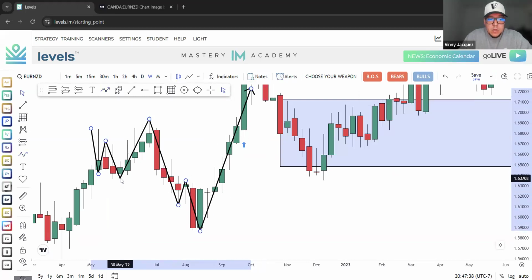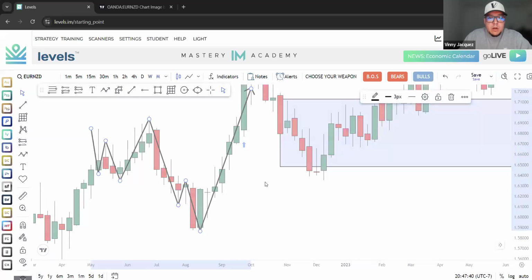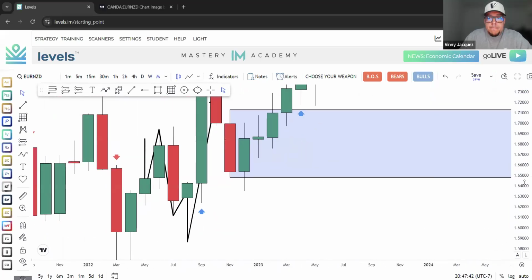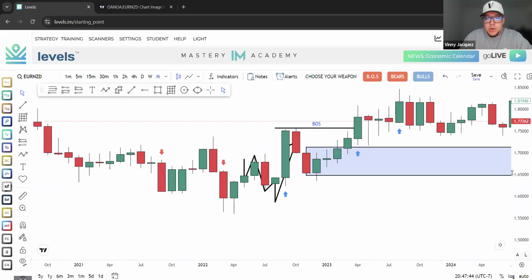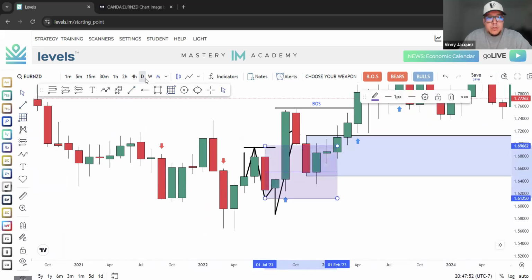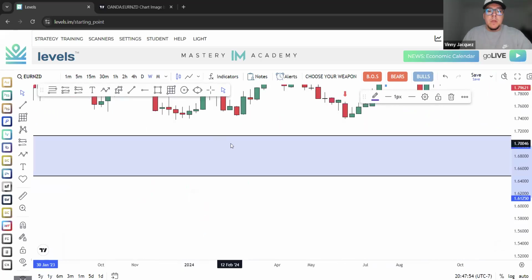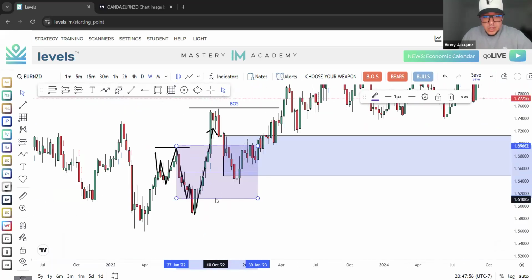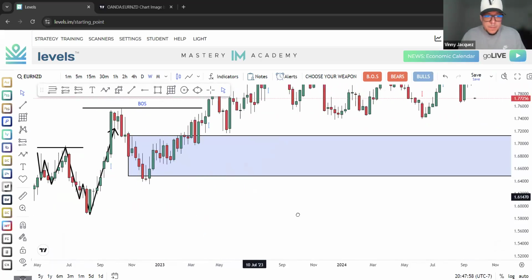Right. So this was also a monthly starting point I saw. Notice how we break structure to the upside right here, right? And this whole red candle is actually a starting point. So that's super clutch. And the market already looks clean. So it was following structure, right?